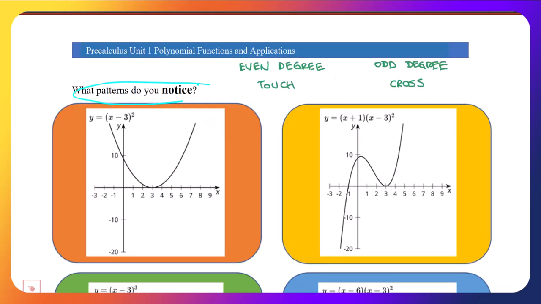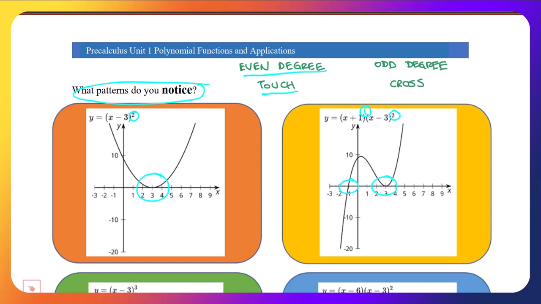The pattern here that you might notice is if it's an even exponent, then it touches. If it's an odd exponent, like this one is, it goes through or it crosses. This is even, it touches.